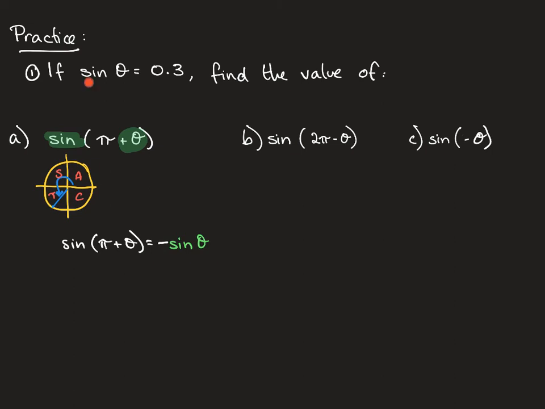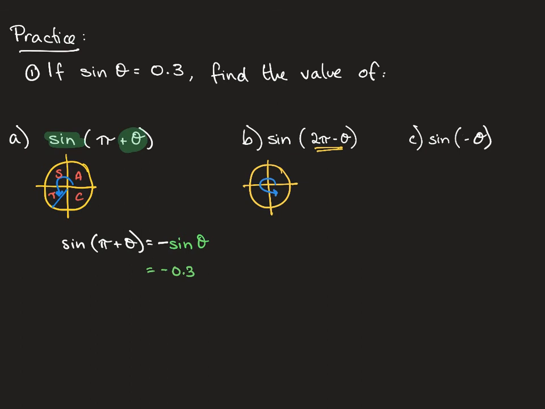And we know from up here that sine of theta is 0.3. And so sine of pi plus theta is minus 0.3. For our second question, our angle is 2 pi minus theta. So 2 pi minus theta puts us in the fourth quadrant here.